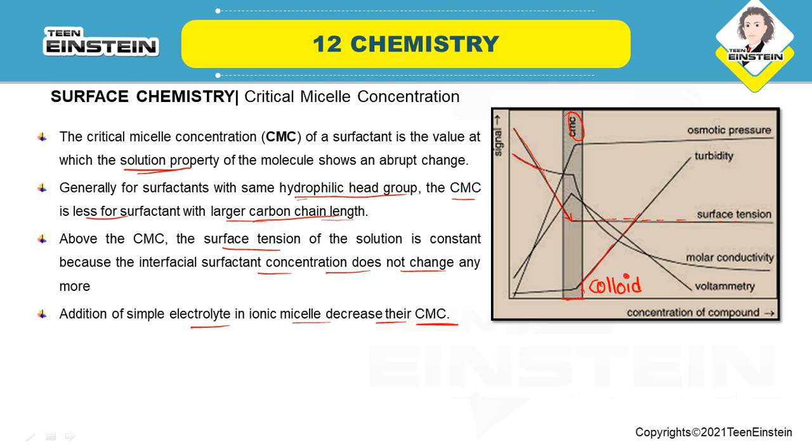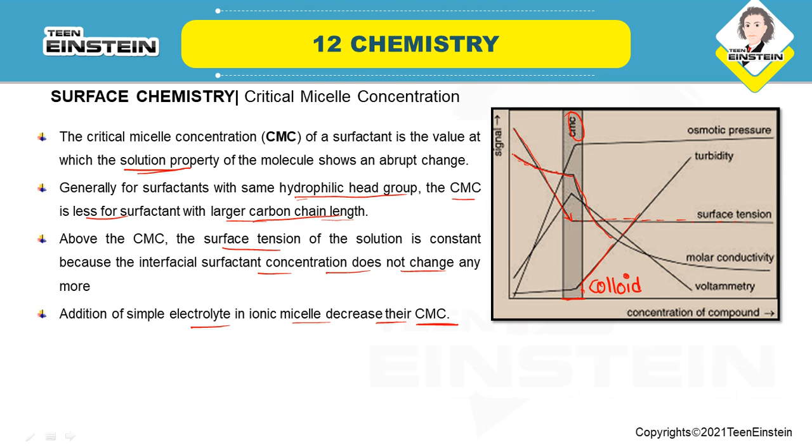Before CMC it is gradually decreasing, but after CMC the decrease is very abrupt, very sharp, right? The reason is, when we gradually increase the concentration below CMC, obviously mobility will decrease, so molar conductivity will decrease.